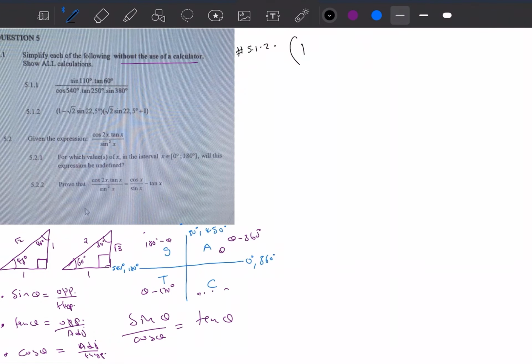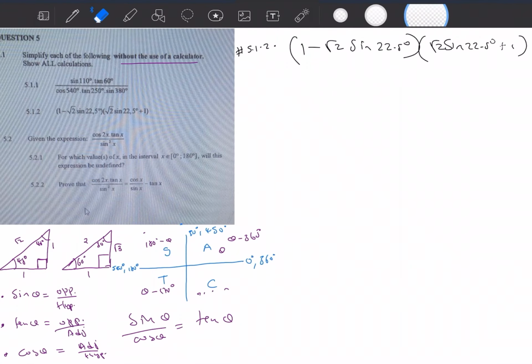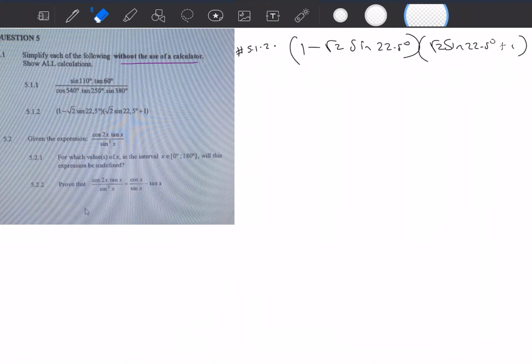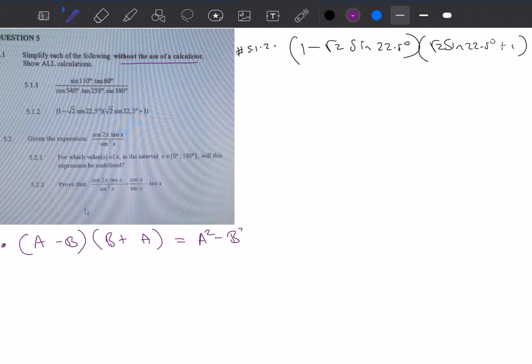So you have 1 minus root 2 sine 22.5 degrees, times root 2 sine 22.5 degrees plus 1. What you need to know here, firstly, is some algebra. This has nothing to do with trigonometry. If you have a minus b times b plus a, your answer will be a squared minus b squared.